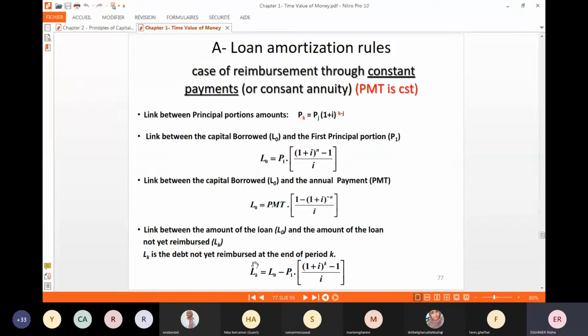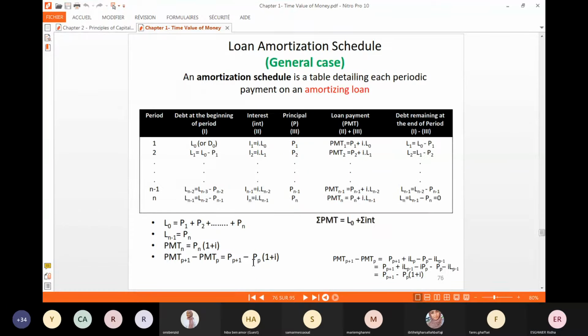The second modality of reimbursement is when the principal portions are constant. Knowing that the interest is always computed as the interest rate times the amount of the loan not yet reimbursed at the beginning of each period, and since that amount will decrease over time because each period we reimburse a portion from it, the principal portion is constant and the interest is decreasing, it means that the payment will decrease too.